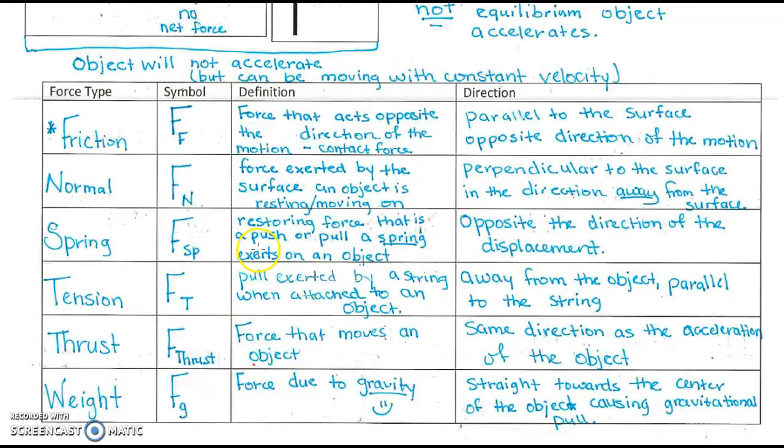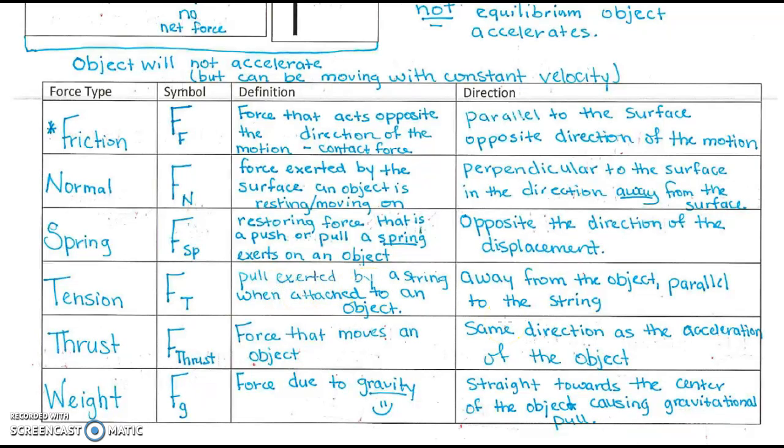We have the spring force. It's a restoring force. That is why a spring wants to kind of come back together. So if you pull on a spring and it snaps back, that's the spring force, and it's opposite in the direction of the displacement. So it kind of changes depending on how you're moving the spring. Tension force, it is created in a string when we pull on a string.